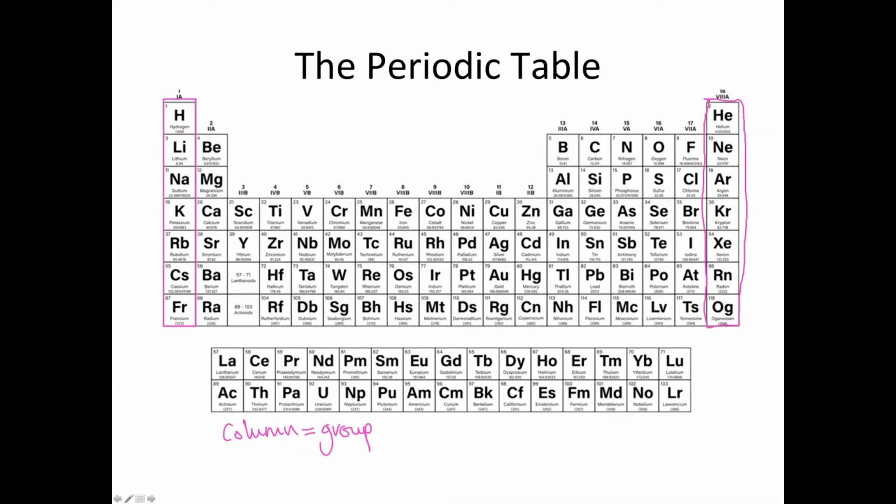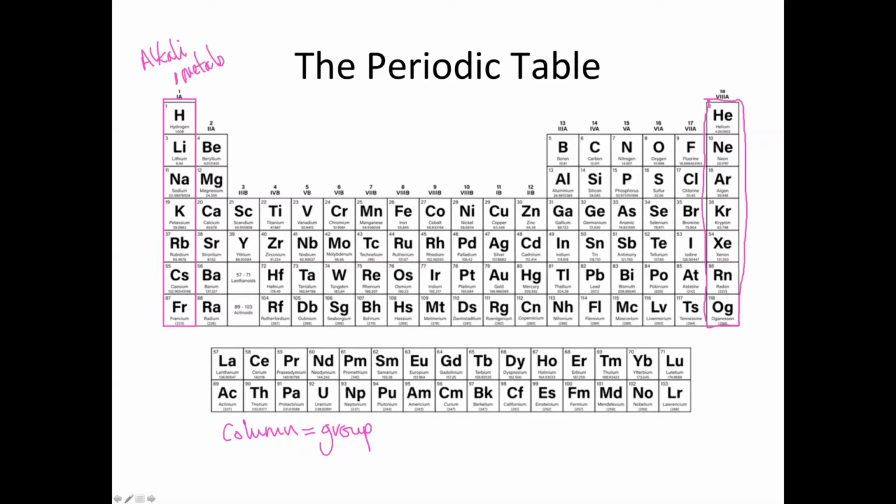Group 1 is called group 1 because it's the first column in the periodic table. As well as having a group number, this group has a group name. This group are called the alkali metals. And we're going to talk more about them in a minute once we go through the rest of them.